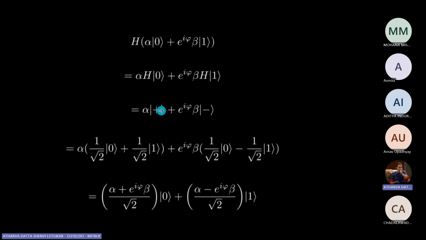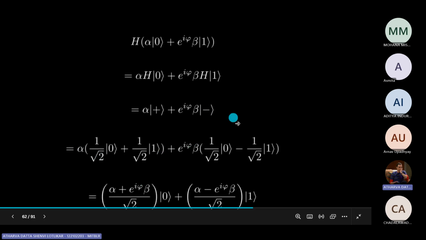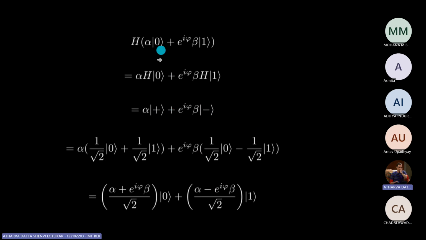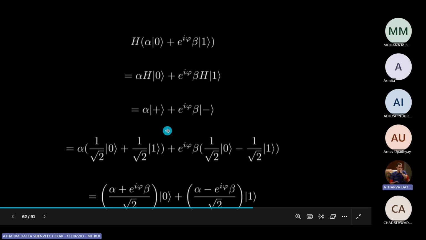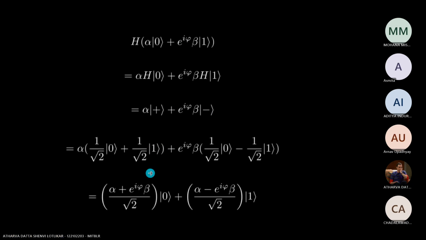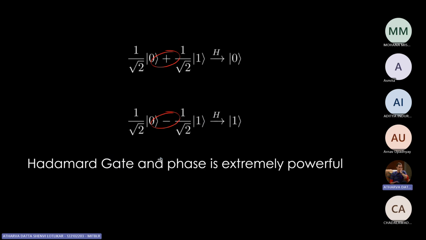So you expand this, then you take alpha inside, simplify, and write it in this form. If you compare the initial one and the later one, this is the operation of the Hadamard gate. So yeah, I think that's it for now.